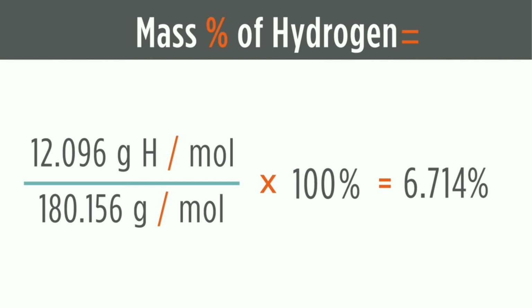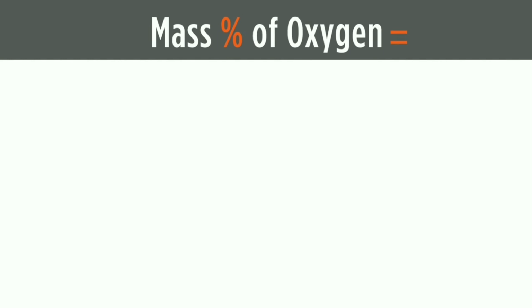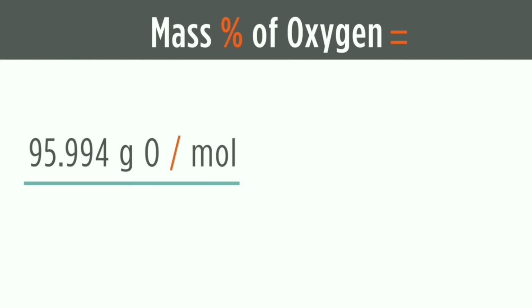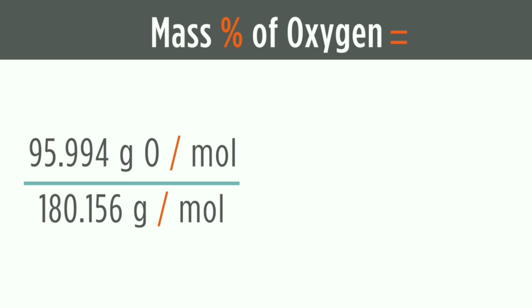6.7142%. And finally, if we look at the mass percent for oxygen, we'll have 95.994 grams of oxygen per mole of glucose over the molar mass, 180.156 grams per mole of glucose, times 100%. And we will do the calculation.